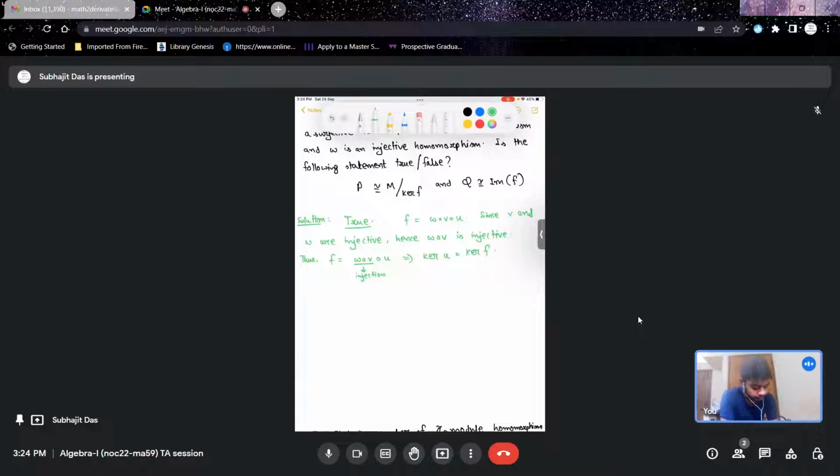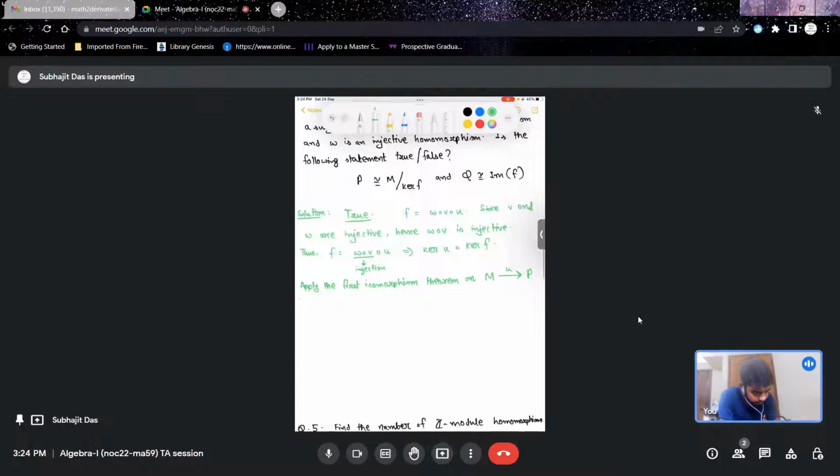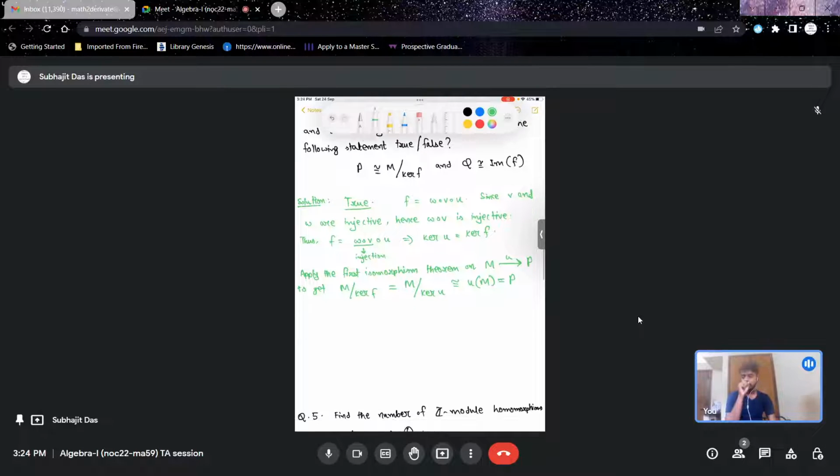So now we apply the first isomorphism theorem on the surjection U from M to P to get M mod kernel of U, or rather let me write M mod kernel of F, which is the same as M mod kernel of U. It's isomorphic to U of M, which is the image of U, which is P, precisely because U is surjective.